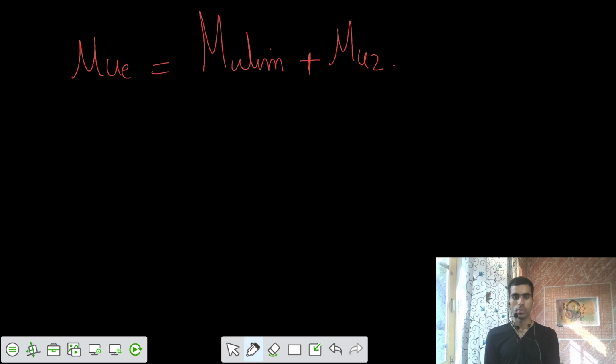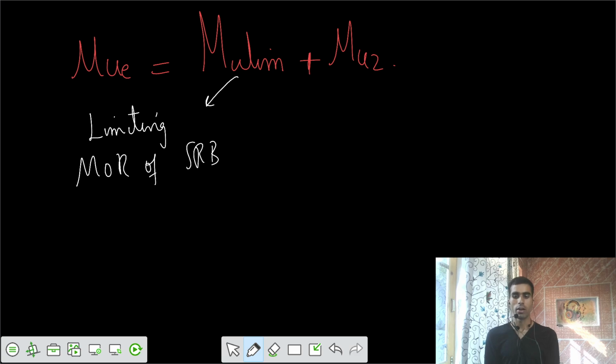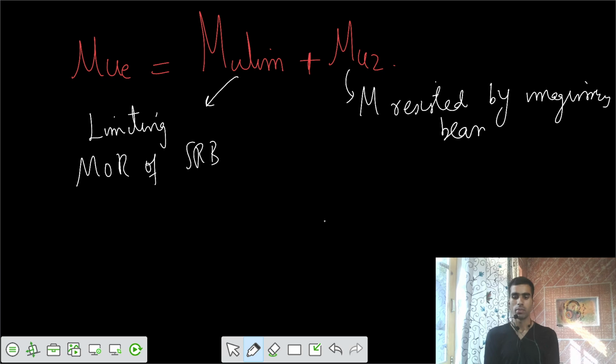Why you can write that: Mu limiting is the limiting moment of resistance of the singly reinforced beam, and this is the moment resisted by the imaginary beam.